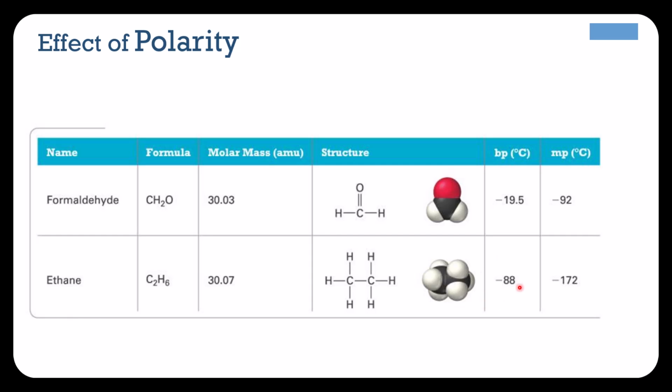And ethane has a much lower boiling point. And that observation confirms my statement. So high boiling point, strong intermolecular force. Lower boiling point, weaker intermolecular force. And I'll explain why that is or how I know that in future discussions.